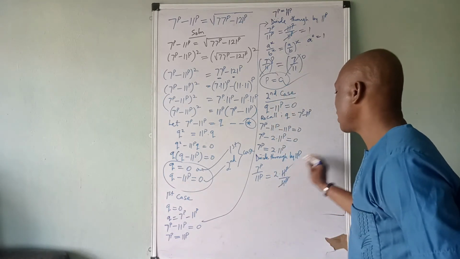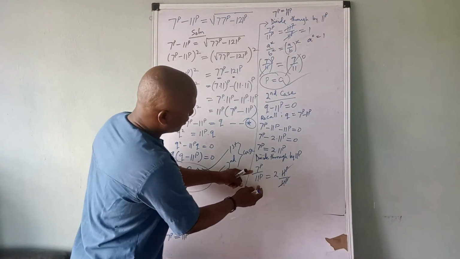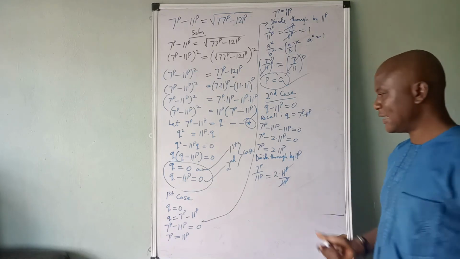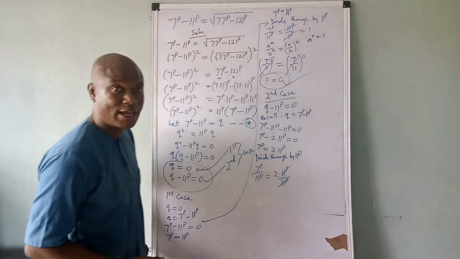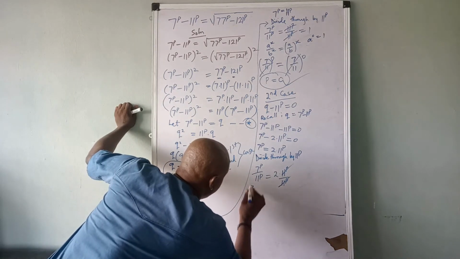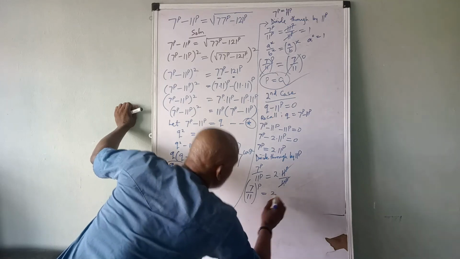So this will cancel out. Now, the left-hand side of the equation could also be rewritten to reflect the law of indices as we earlier indicated. So this can also be 7 over 11 all raised to the power p is equal to 2.